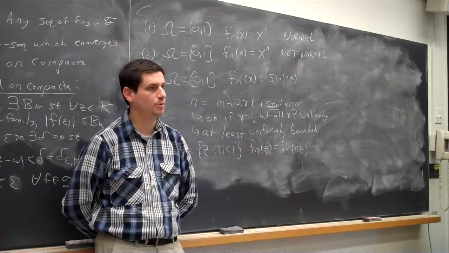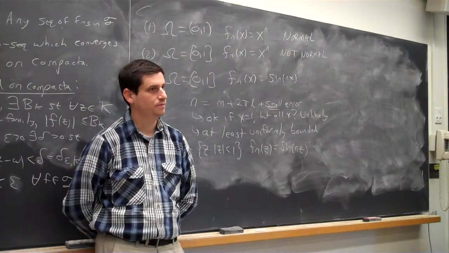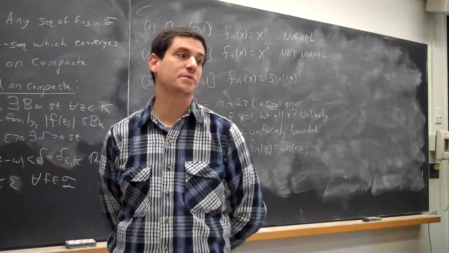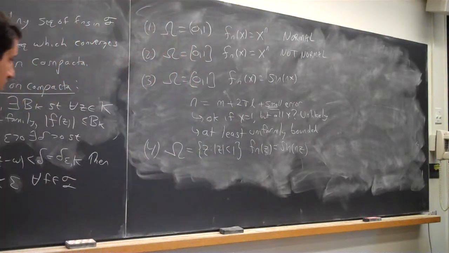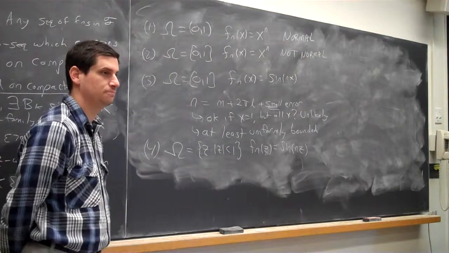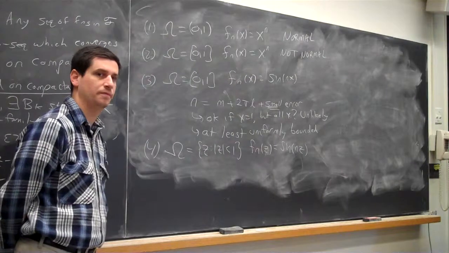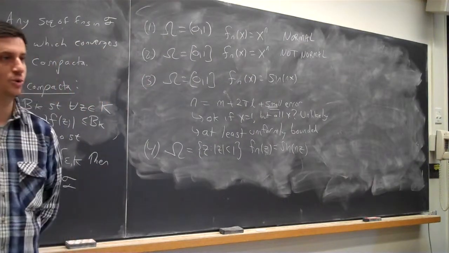What do you think? So I'm now looking at it on the unit disk. I'm considering it a function of a complex variable rather than a function of a real variable. Could this be normal? Yes, no, or unlikely?